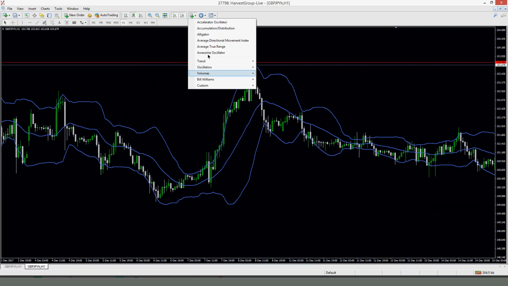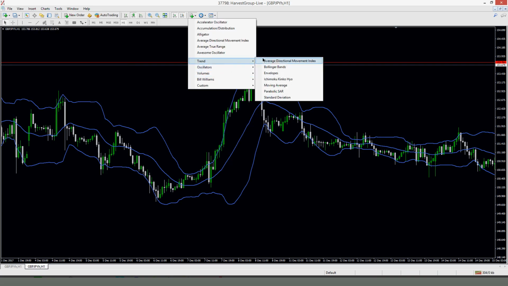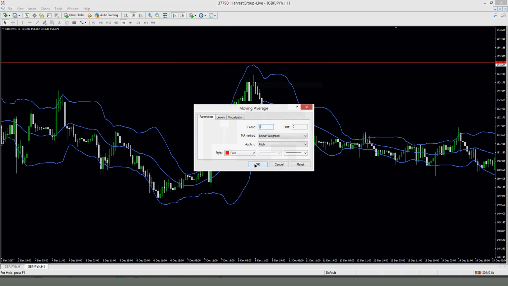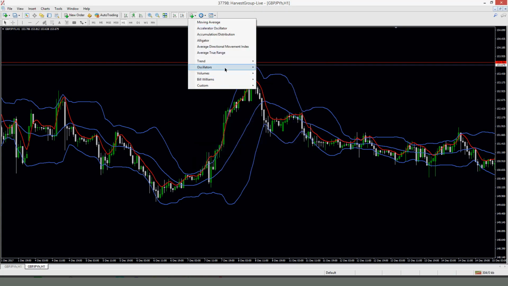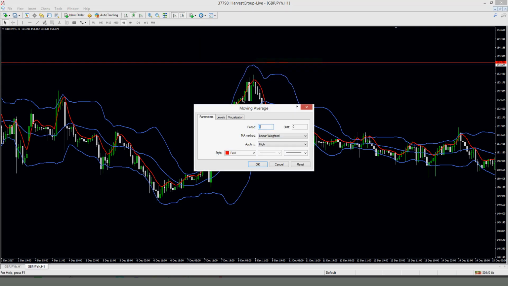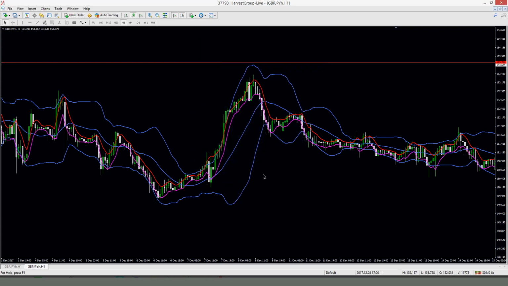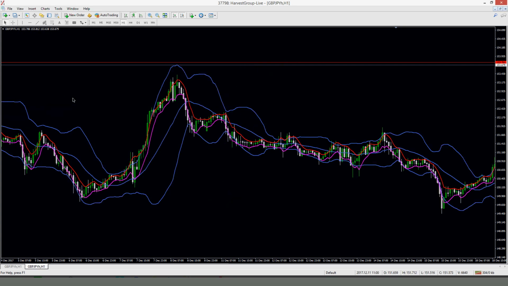The first moving average we're going to talk about is MA5. So I'll add in MA5 low. I have both buy and sell indicators on MA5.